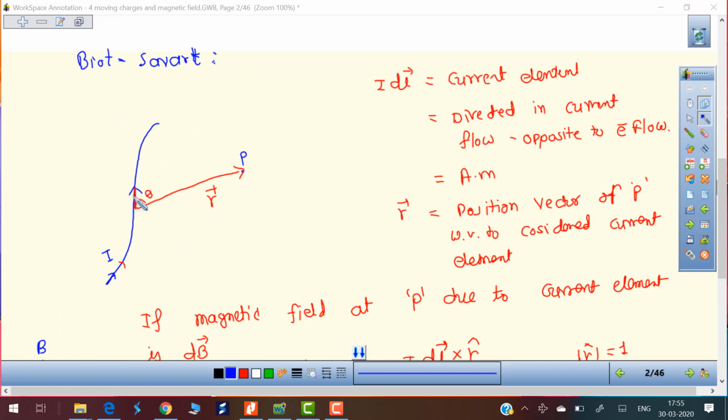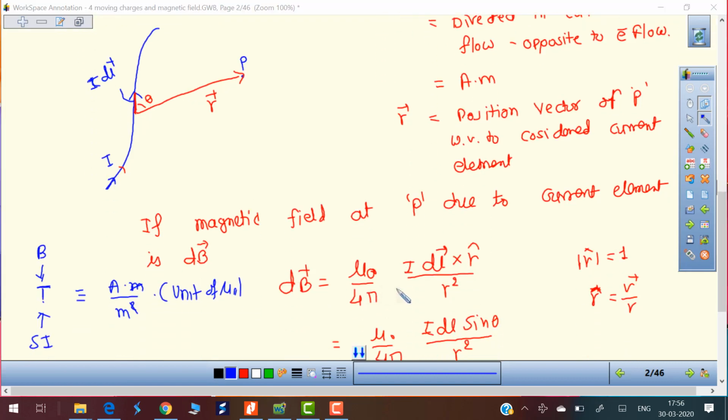So this is IDL, and this is your R. In the formula you can see that the magnetic field is in the direction of IDL cross R. So this is IDL, and this is your R. I just want to explain it.